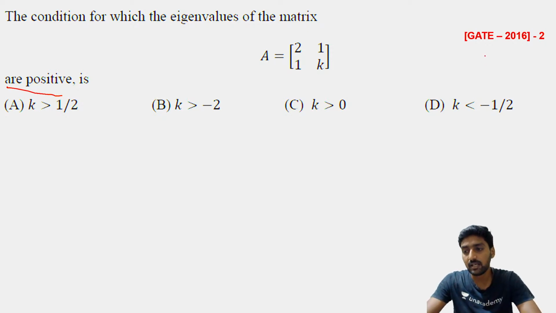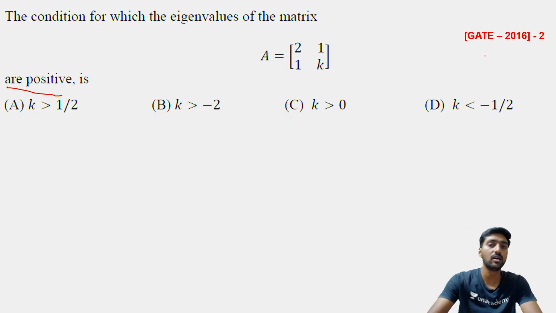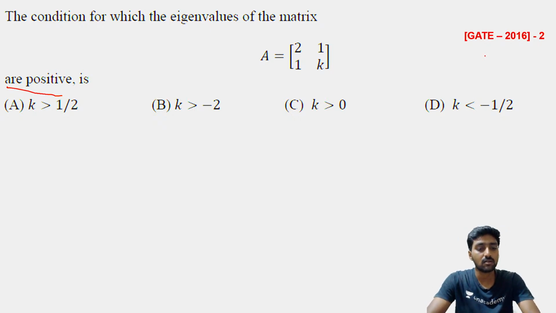So what condition needs to be satisfied for the given matrix? Here all eigenvalues are positive. Positive means positive values, no negative values here. Then what does it mean? What will be the condition for which the eigenvalues of the matrix are positive?